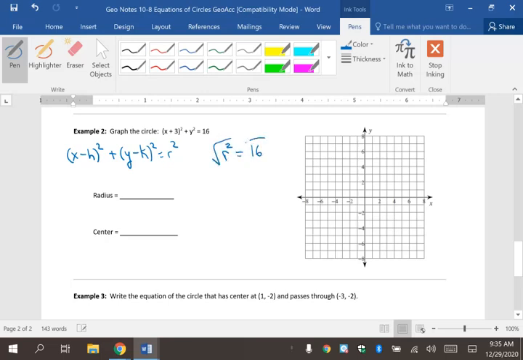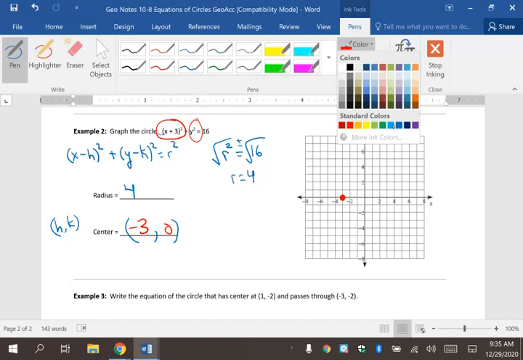So take the square root of both sides, plus or minus, but the radius is just a positive value, so that is 4. The center is h comma k. So you take the opposite of what's being done in your equation with the x. So take the opposite of 3, that's negative 3, and the opposite of what's being done to the y, there's nothing being done. So the center is negative 3 comma 0.